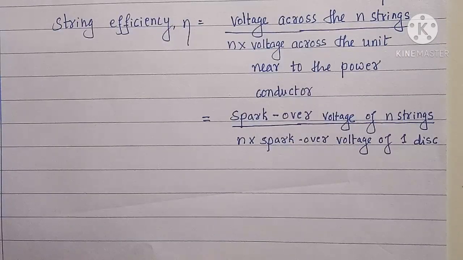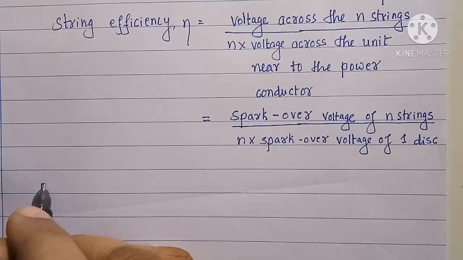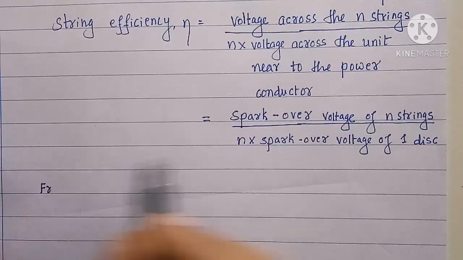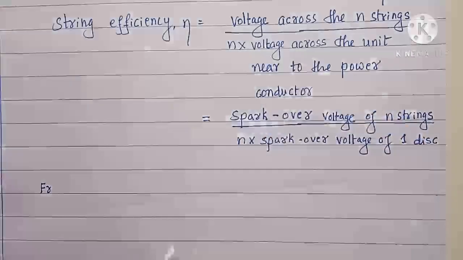If the voltage distribution is the same across each unit, the string efficiency will be 100%, because the numerator and denominator here will become the same.